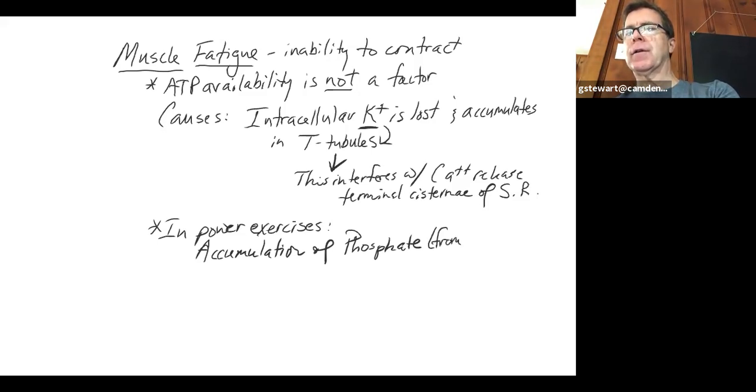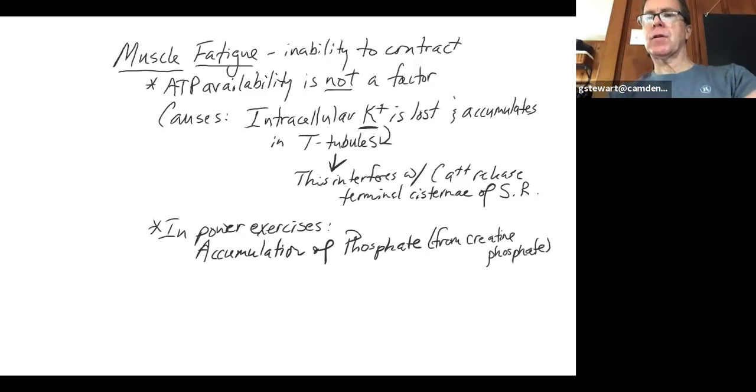Constant breakdown. That enzyme creatine kinase goes to work like crazy and starts breaking down creatine phosphate like crazy, and we get an accumulation of these inorganic phosphate molecules.